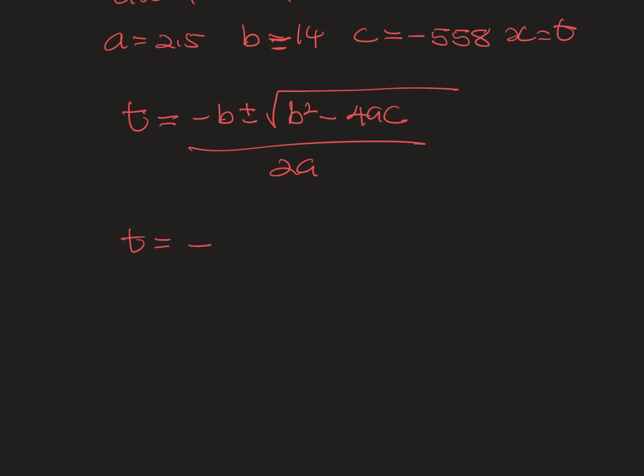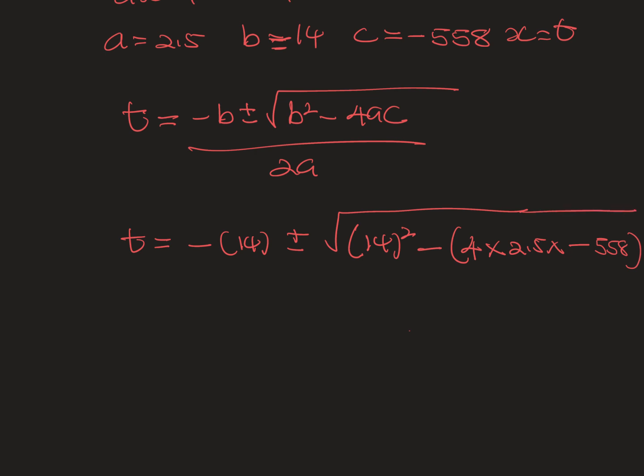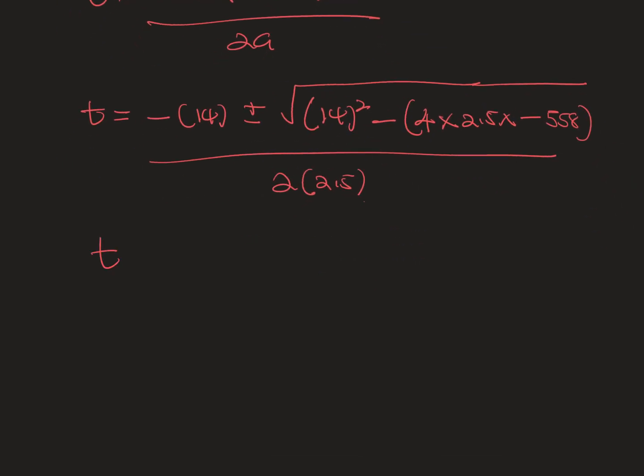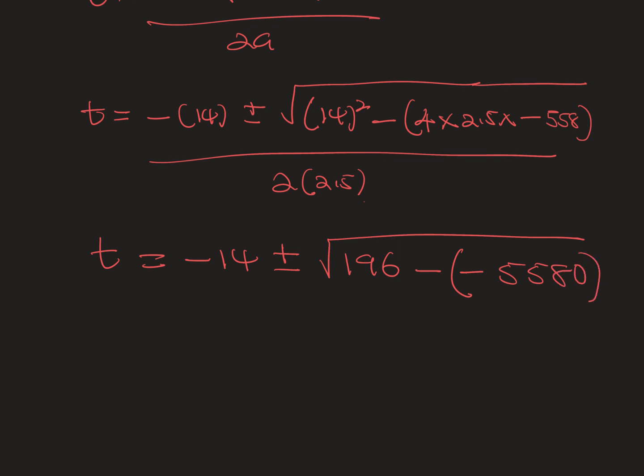So t equals minus 14 plus or minus the square root of 14 squared, minus 4 times a, 2.5, times c, negative 558, all divided by 2 times a, 2.5. So t equals minus 14 plus or minus the square root of 196 minus 4 times 2.5 times minus 558, which gives minus 5580, all over 2 times 2.5, which is 5.